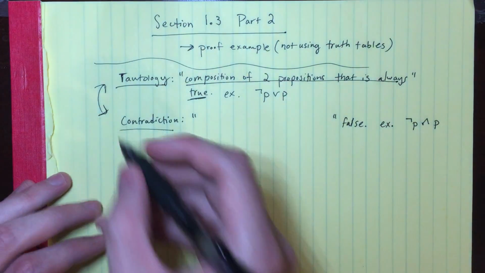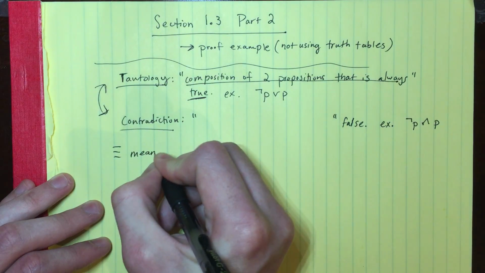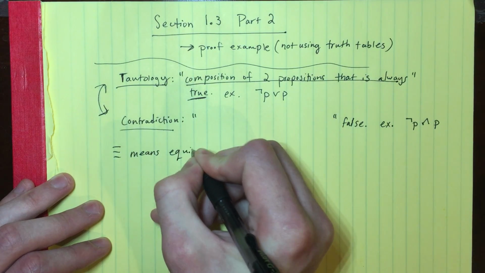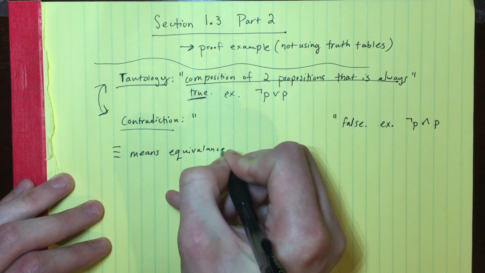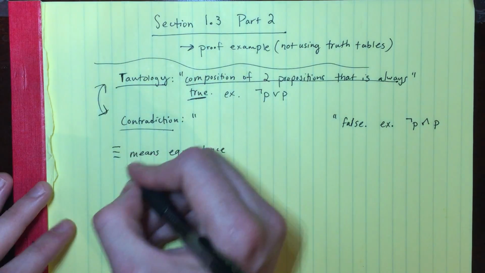We also learned what this means. This means equivalence. So it means that the truth table values are the same. If you wrote out the truth values, there's two ways to prove equivalence.